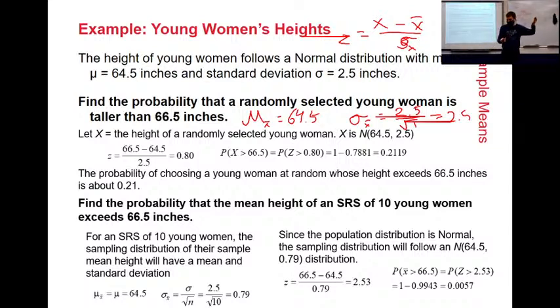So there we can have a negative z-score. Negative z-scores mean this is how far the value is below the mean. This value, the 66.5, was above the mean of 64.5. So since it was above the mean, it got a positive z-score. But we could definitely have negative z-scores.